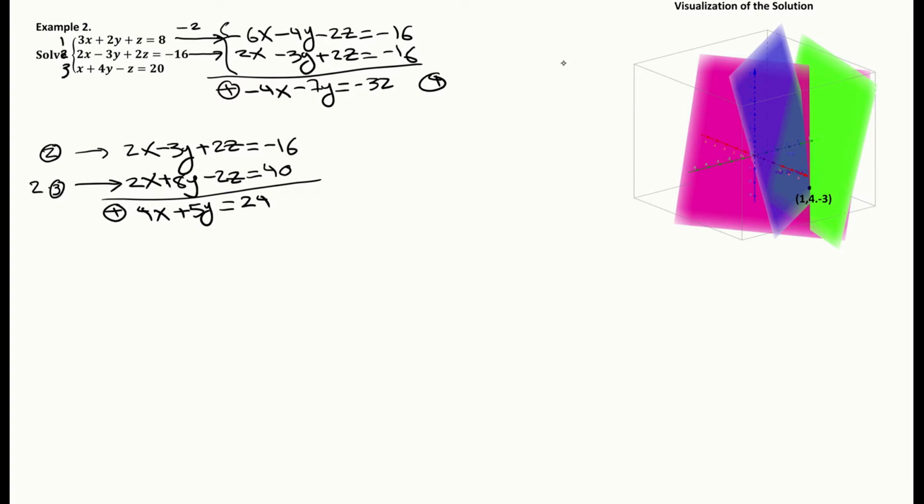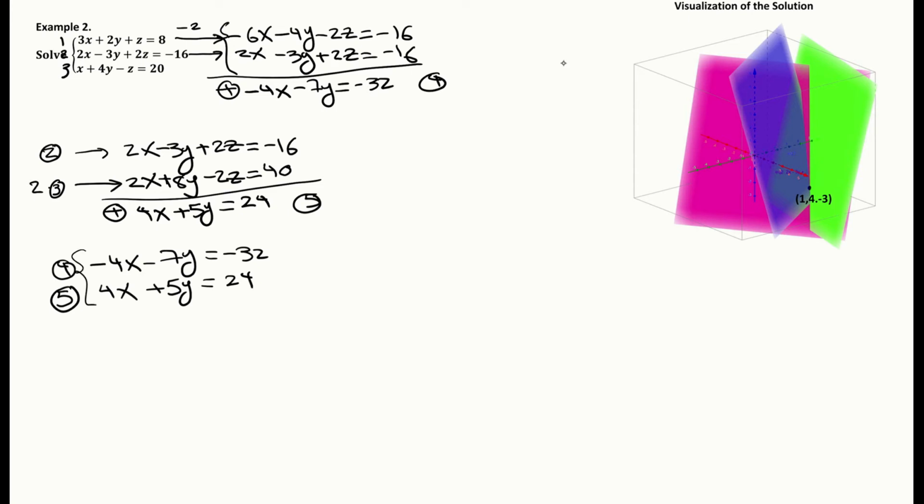All right, so that's also a new equation. We'll call it 5. And if you remember, we're now going to take equations 4 and 5, and we're going to form a new system. So equation 4 is negative 4x minus 7y equals negative 32. And equation 5 is 4x plus 5y equals 24.